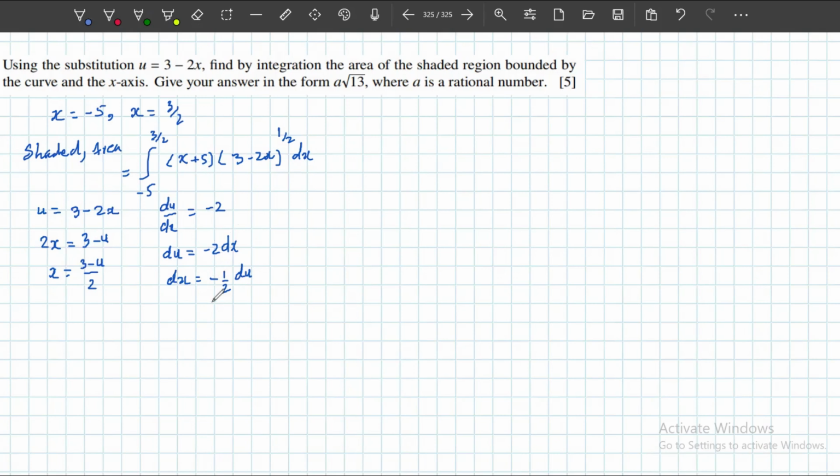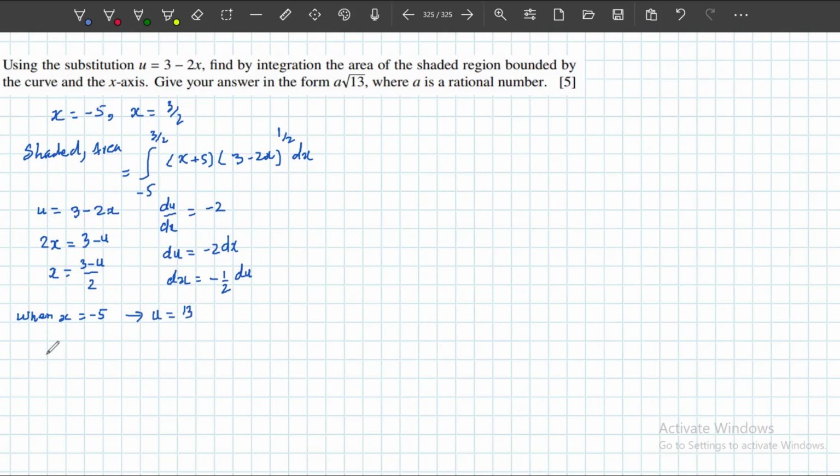But remember, when you substitute, your limits are also changed. For example, when x equals minus 5, what does u become? We replace x with minus 5 here. Then u becomes 5 twos are 10, and remember that it is minus 5, so plus 10 plus 3 gives me 13. So u becomes 13.